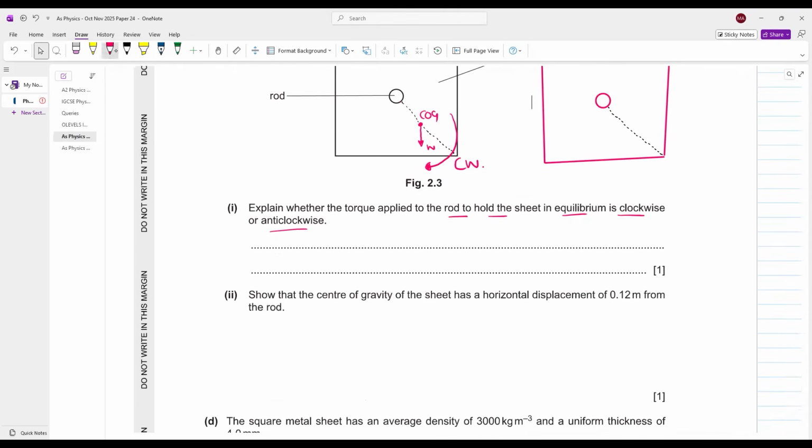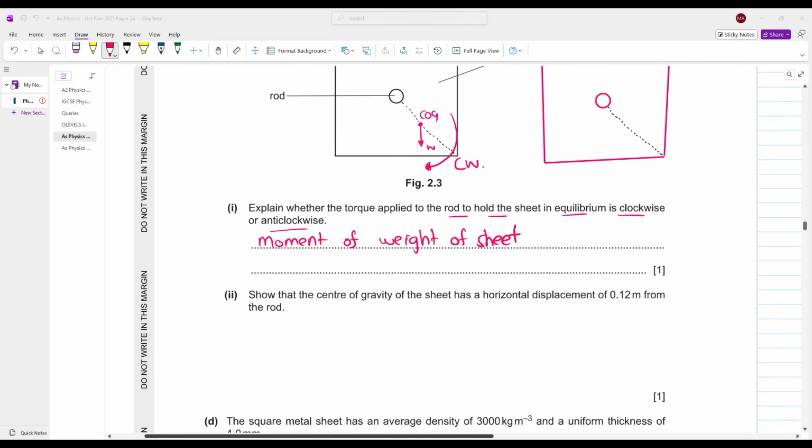You will say, moment of weight of sheet about the rod. Moment of weight of sheet about the rod is in clockwise direction.